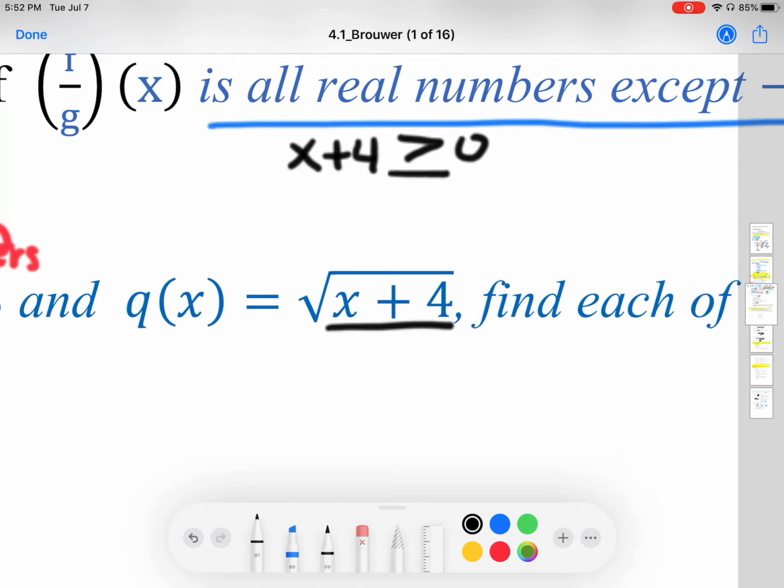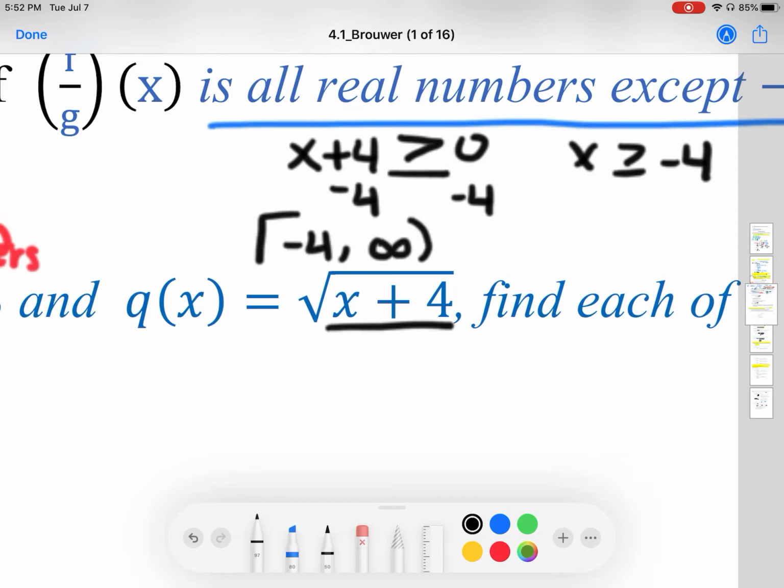I can take the square root of 0, that's just 0. So we can solve for that. We move the 4 over, and we're left with x is greater than or equal to -4. So this means I can use all values that are greater than -4, including -4. So it would be from -4 to infinity. -4 is included, so it has a bracket. That's our domain for Q.